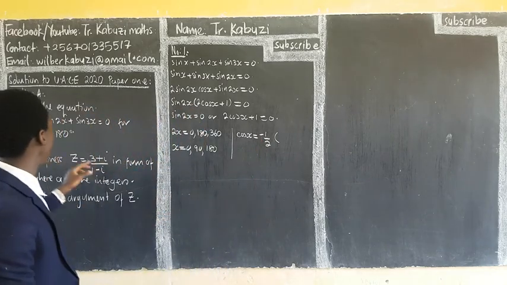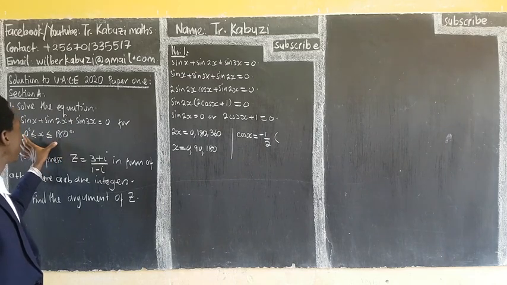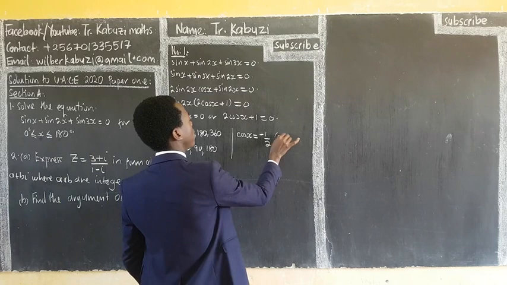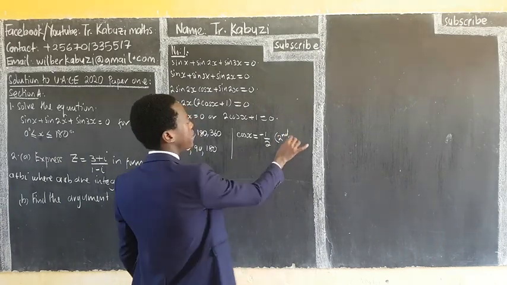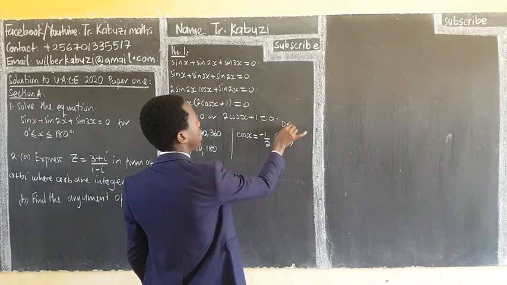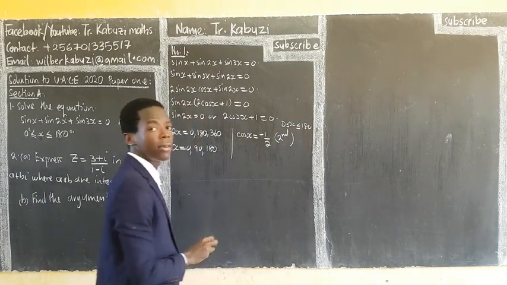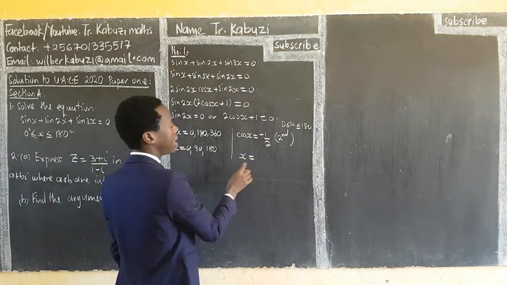But I'm not going to include the third quadrant because it's out of the range. You see, this one is stopping only in the second quadrant. So here I'm just going to include the second quadrant, because of the range 0 less than or equal to x less than or equal to 180 degrees. So here our x is going to be, how do you get the angle?